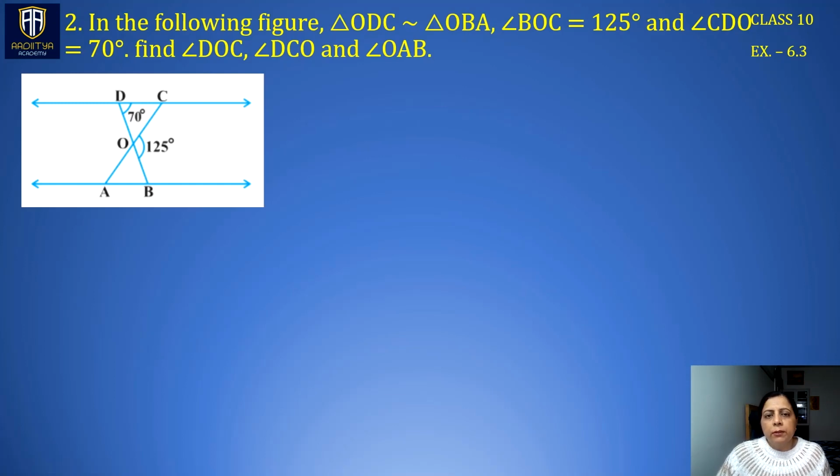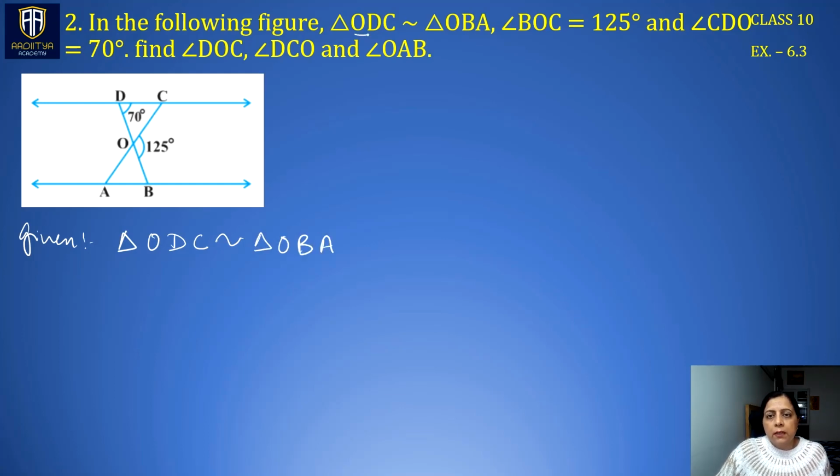So these were the different methods of similarity. Now the next question is, in the following figure, triangle ODC is similar to triangle OBA. It is given that triangle ODC is similar to triangle OBA.